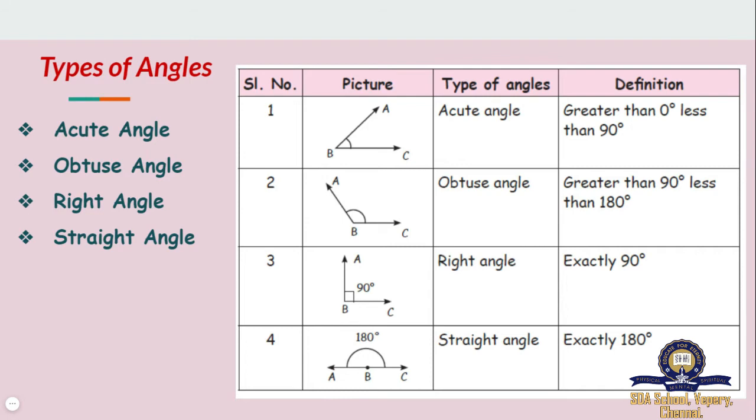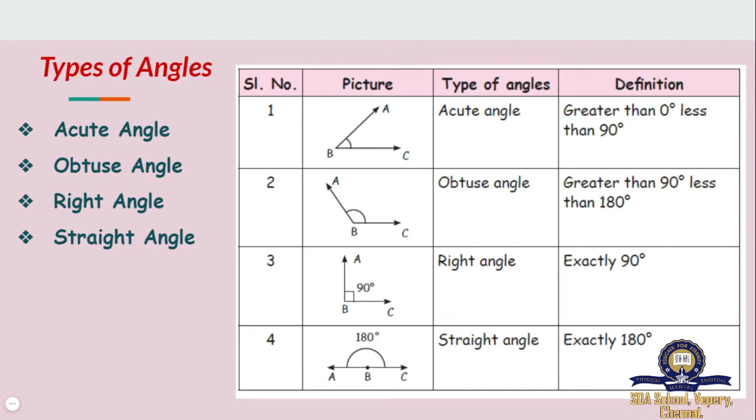So starting from 1 degree until 89 degree, that is acute angle.